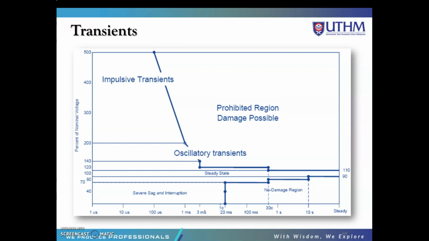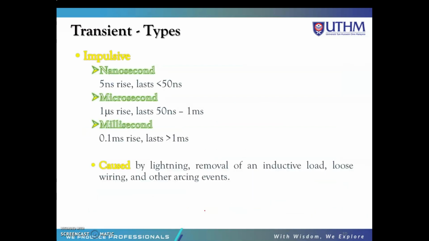Okay, so if you refer to IEEE 1159 2019, transients are defined with two types. The first one is impulsive, the second one is oscillatory.